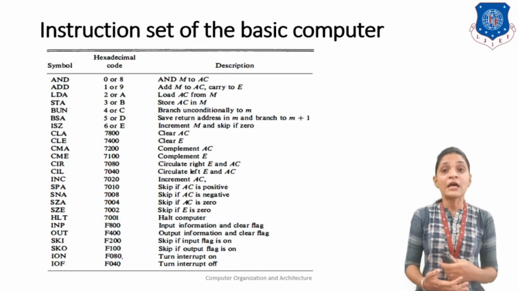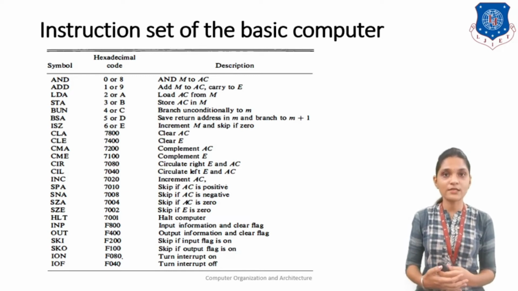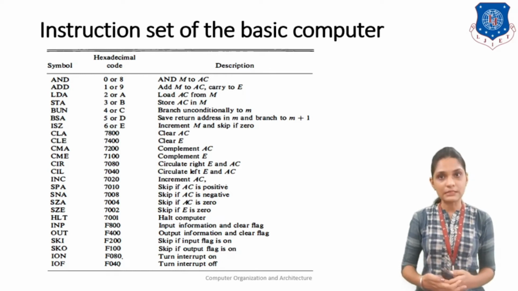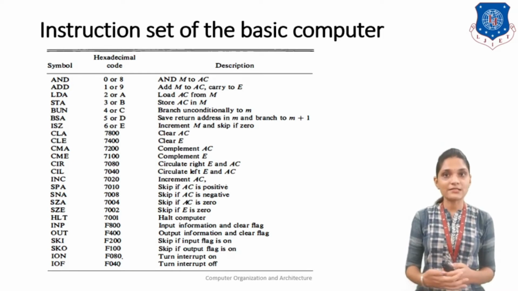By using the BUN instruction, you can do a branching operation so that you can change the sequence of execution. By using the BSA instruction, you can do a branching operation with saving the return address. And lastly, we can use the ISZ instruction, that is increment and skip if zero.